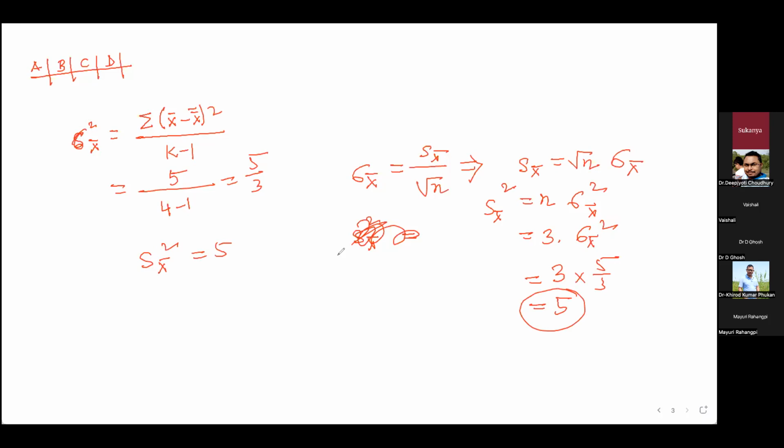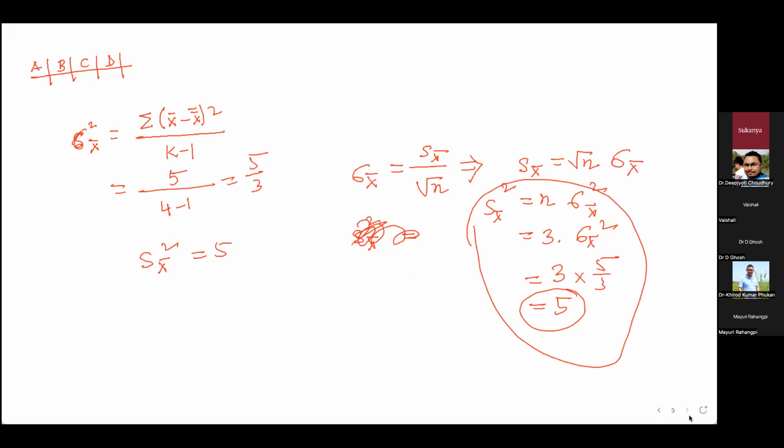Therefore, our first estimate of the population variance is based on the variance between the sample means, and this is the basic variance that we are interested in finding out.